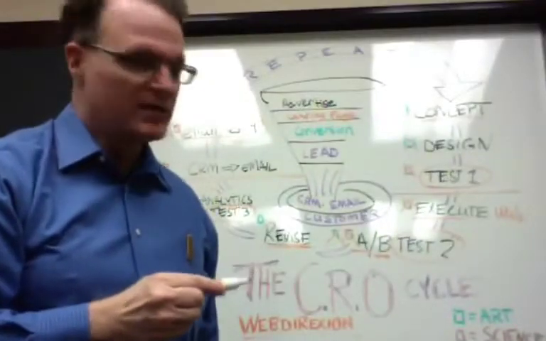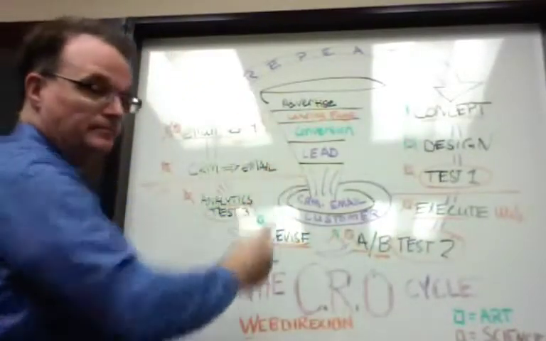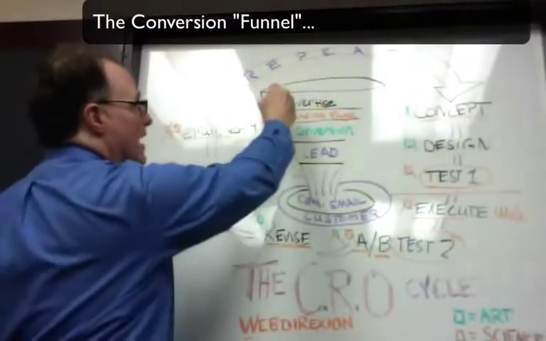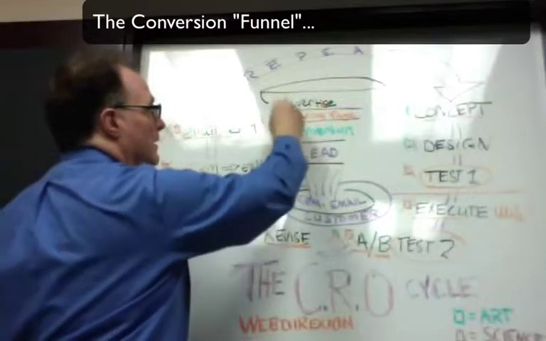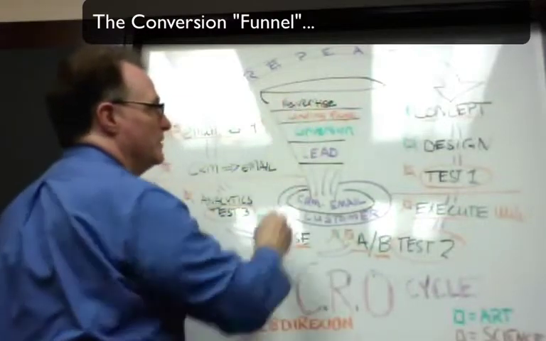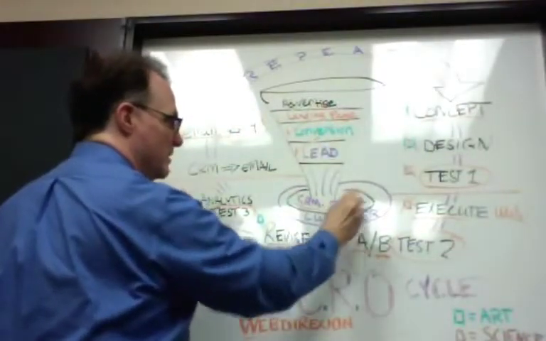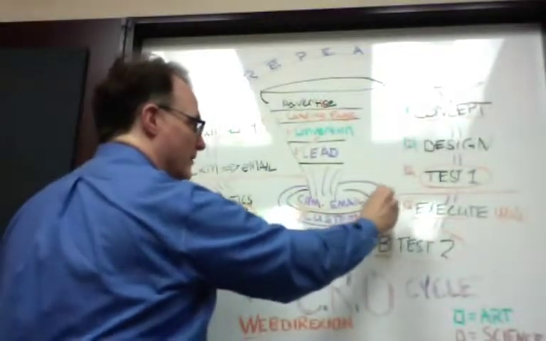Now, a lot of marketers like to think in terms of a funnel. So in the center of the cycle, we have a funnel. You advertise, you create a landing page, you get conversions, you get leads, they go into your CRM, and here's the holy grail.